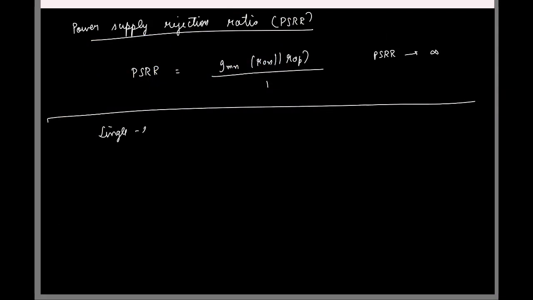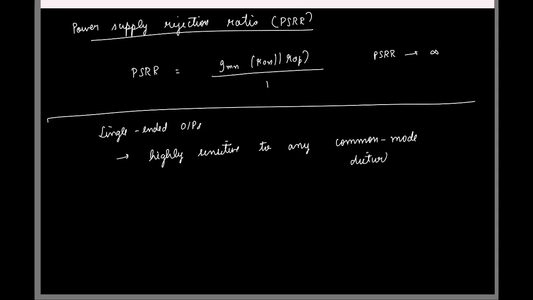If you have single-ended outputs, it is highly sensitive to any, I will say, common mode disturbance because VDD and ground are all common signals to all blocks. So any variations that happen in these common lines will directly affect our output.